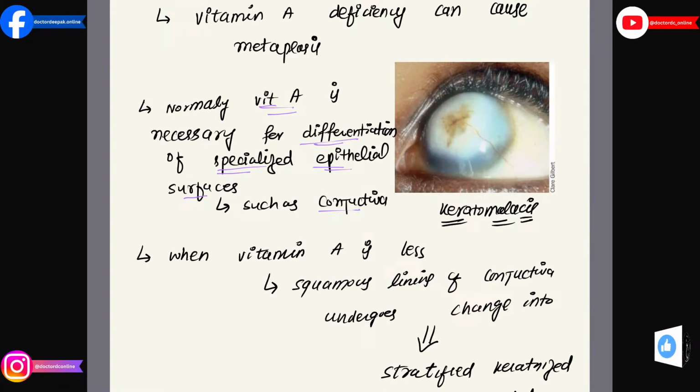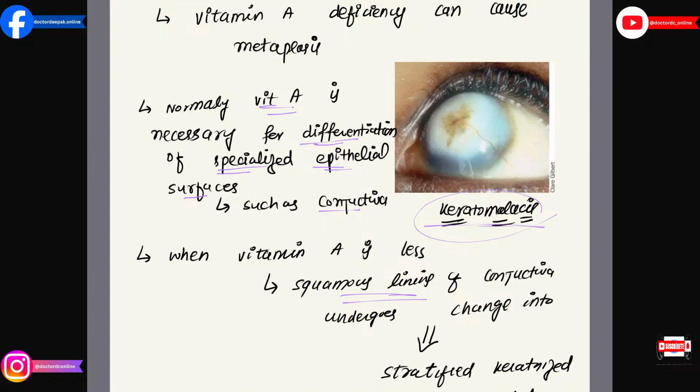So if a person has vitamin A deficiency, the surface lining of the conjunctiva will not undergo differentiation. When the cells do not undergo differentiation, it can lead to different changes in the eye. That is called keratomalacia. Keratomalacia is a change that occurs when vitamin A is deficient.